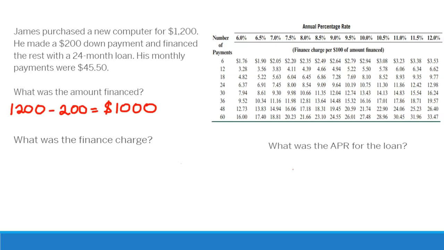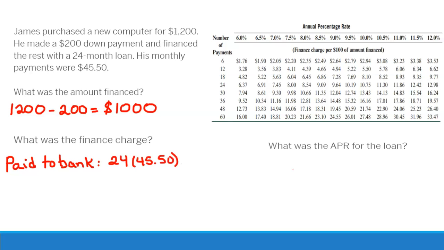The amount financed is the amount that he borrowed, which was the $1,200 price of the computer minus the $200 down payment. So he financed $1,000. The finance charge is the interest that he paid. We'll have to first of all look at how much total money he paid back to the bank.